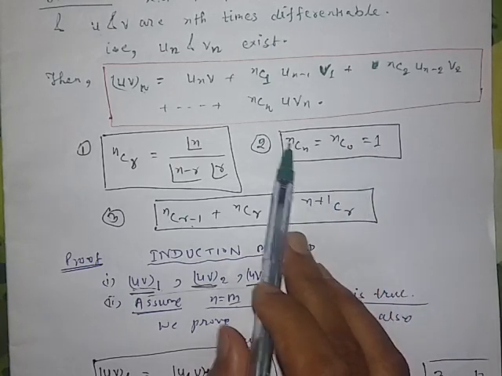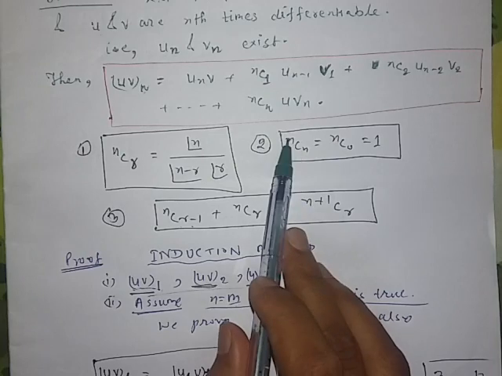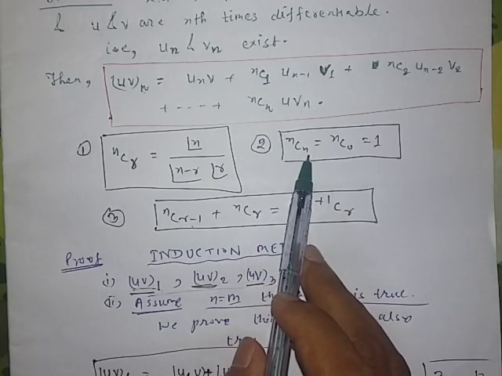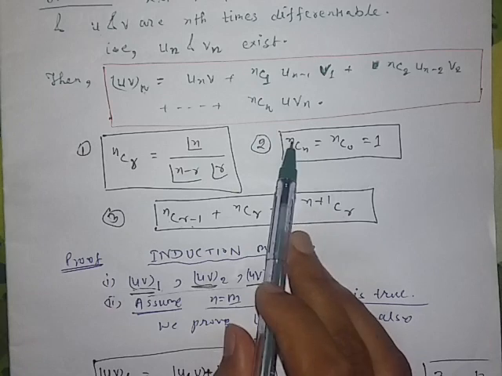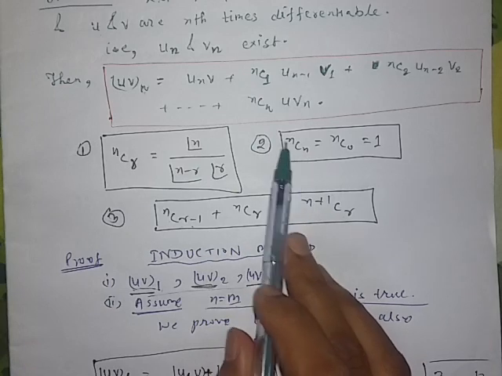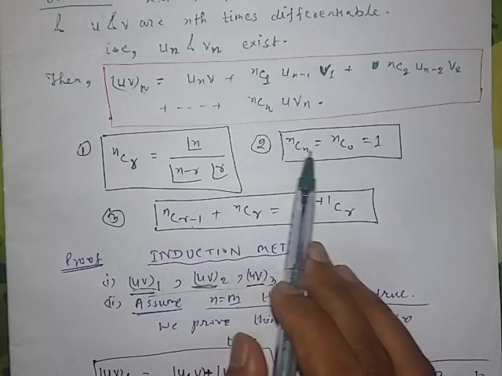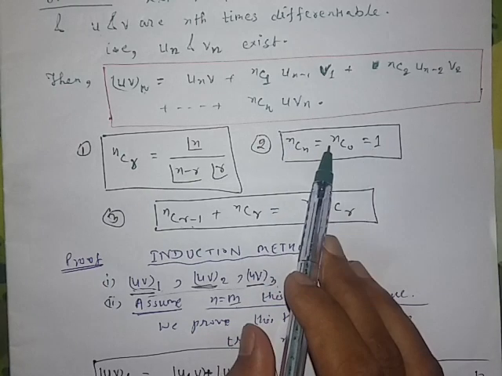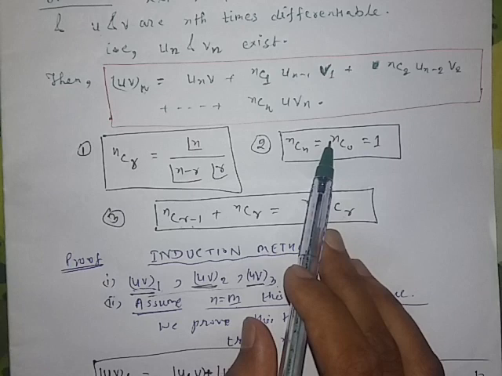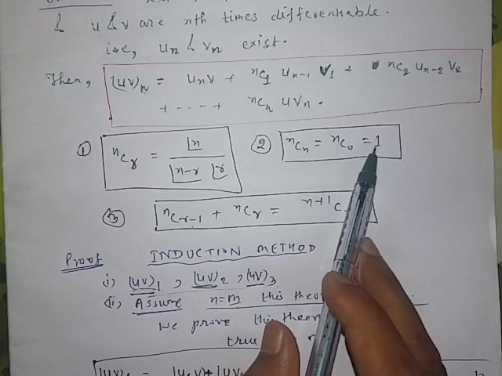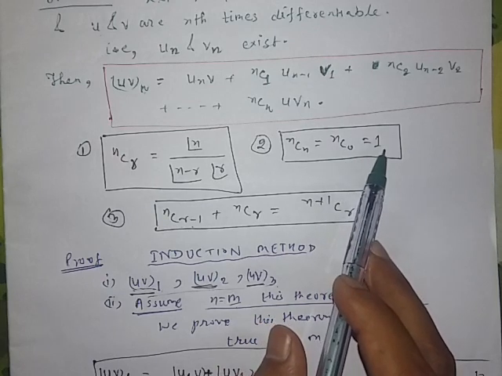So if we take these numbers the same, that means n equal to n, or we take any variable alike here, then this will be equal to 1, and any number here taken n or m, any variable, and if we take nc0, then this will be equal to 1.